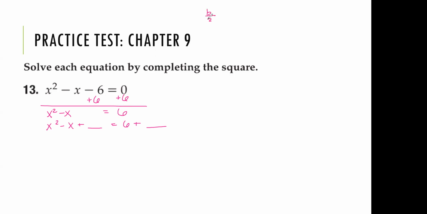Remember, it's b divided by 2 squared. b is -1. Okay, so -1/2 squared is positive 1/4. So I'm adding 1/4 to both sides, or 0.25. Okay, so I'm going to go ahead and write them in decimal form.